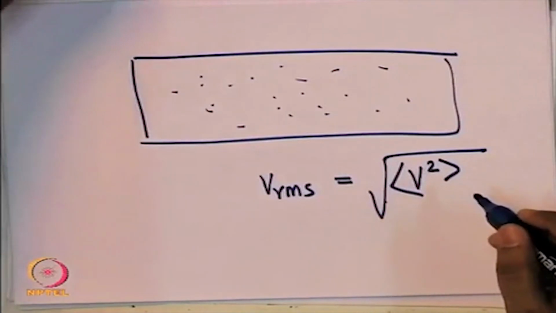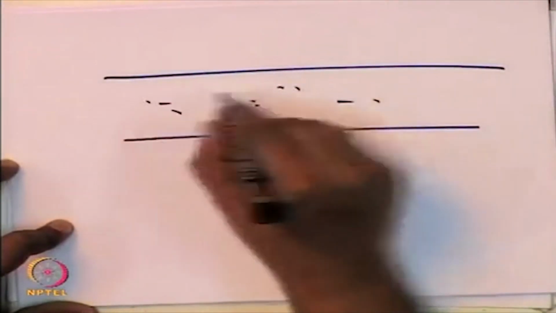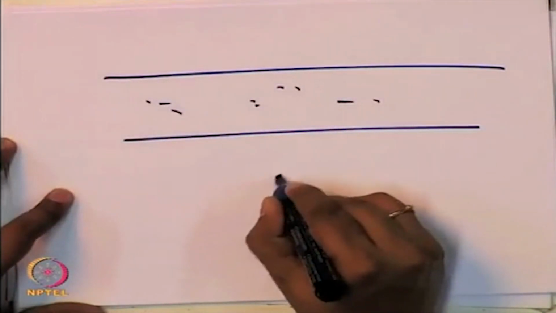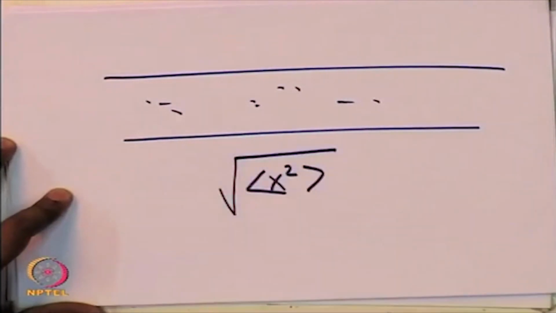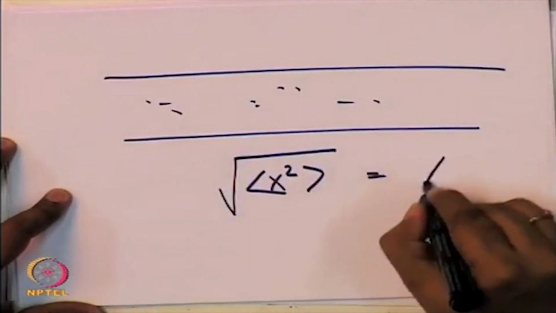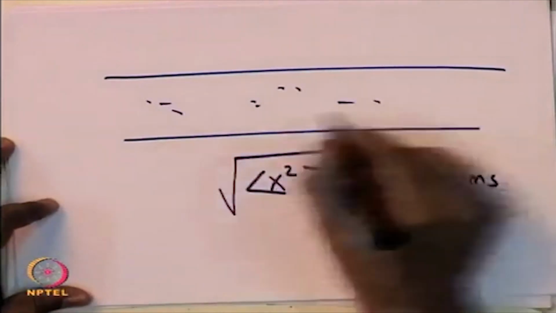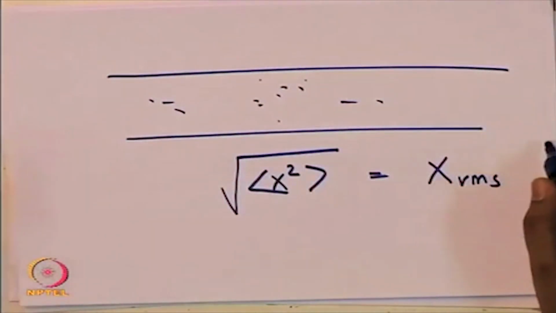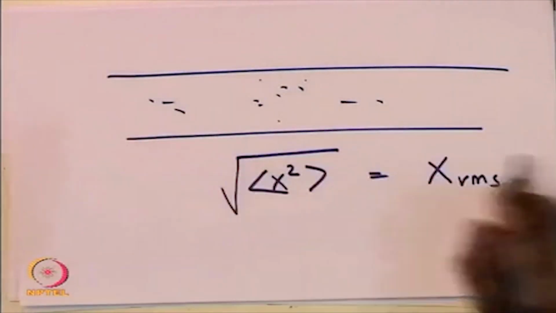Similarly, here you have a particle in a tube going this way and that way, they are diffusing, and what we want is the root of x square average. You can say x RMS, the root mean square distance that this particle will diffuse with time. Like, if you wait 10 minutes, what is the root mean square distance this particle will diffuse?